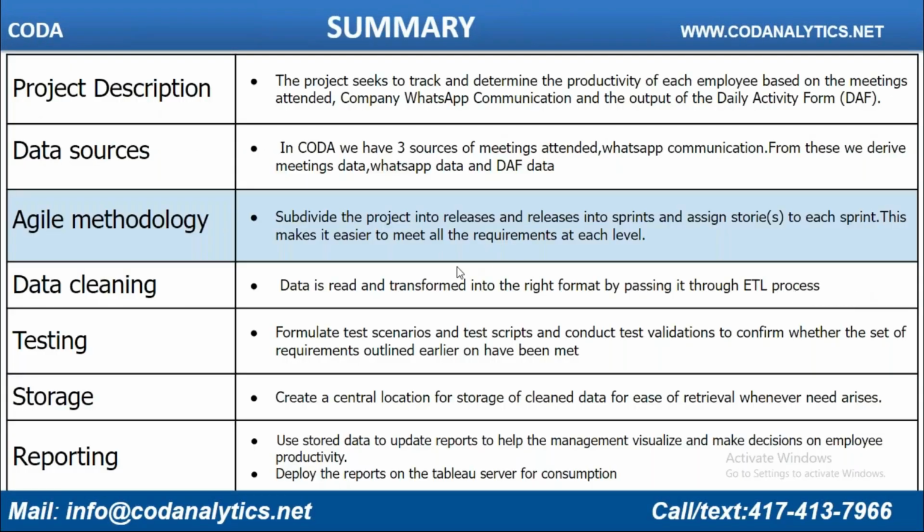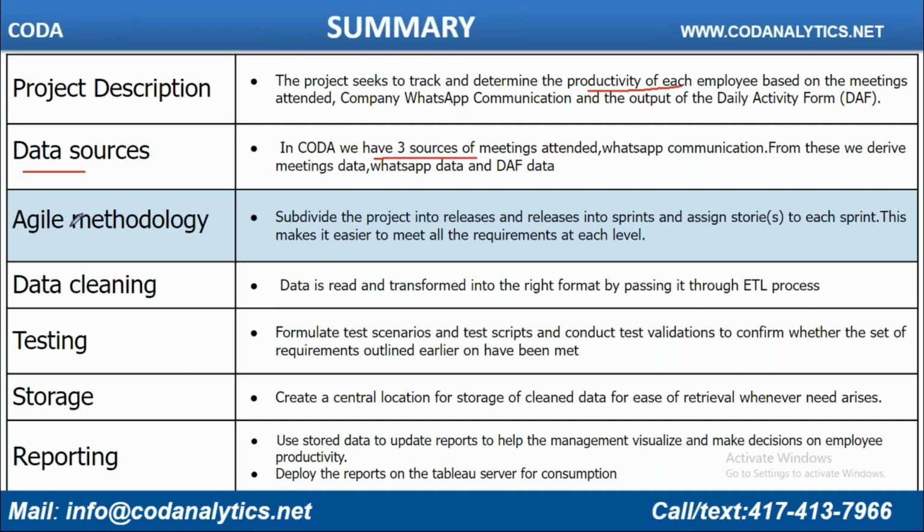So this is a summary of what we have just talked about. On the project description, we have seen that the project seeks to track and determine the productivity of each employee based on the meetings attended, the company WhatsApp communication, and the output of the daily activity form. Then the data source: we have three sources, that is meetings attendance, the WhatsApp chat communication, and the DAF data.